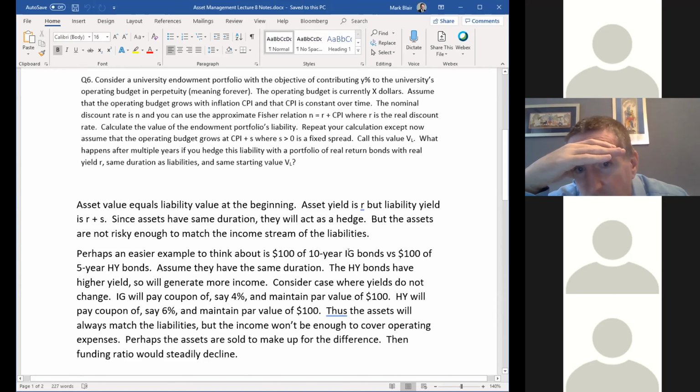One is that investment grade bonds have a lower yield than high yield bonds. The other is that high yield bonds are riskier, so to equate the risk, I have a longer duration for the investment grade bonds than the high yield bonds. Longer duration, lower risk equates to shorter duration, higher risk.